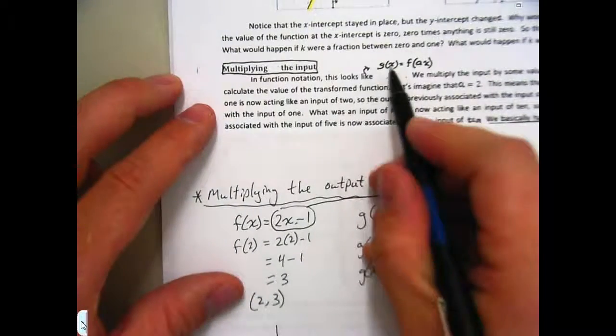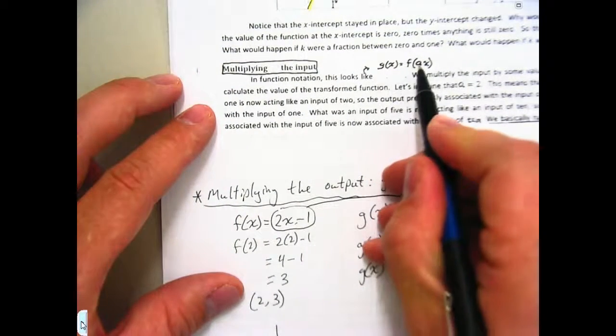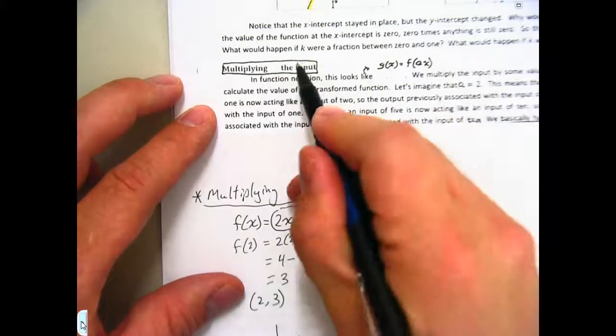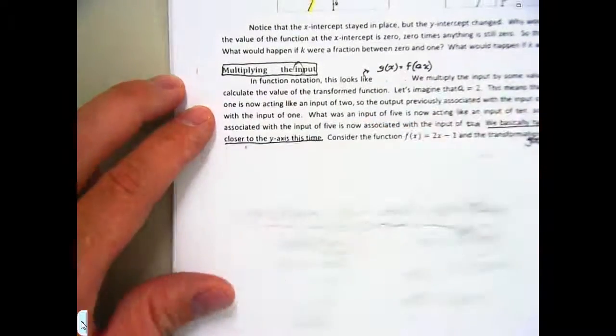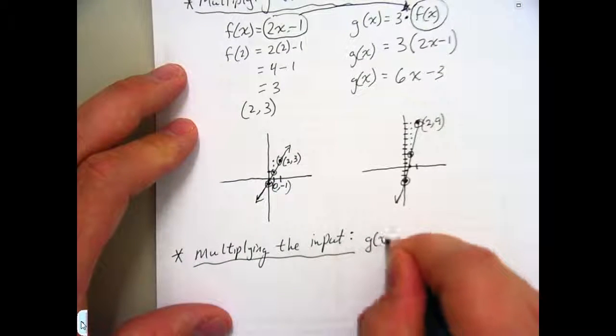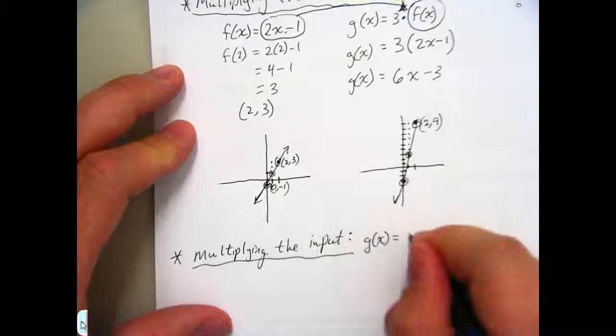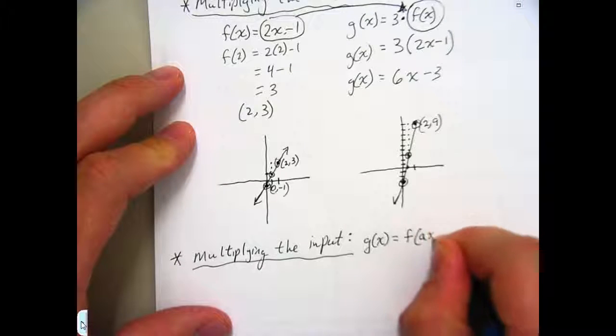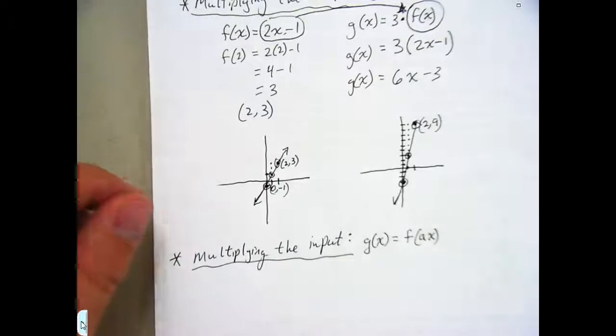Notice now we have g of x equals f of a of x. It's inside, right? Input inside. So g of x is going to be equal to f of a of x. The a is on the inside now. It's happening to the input.